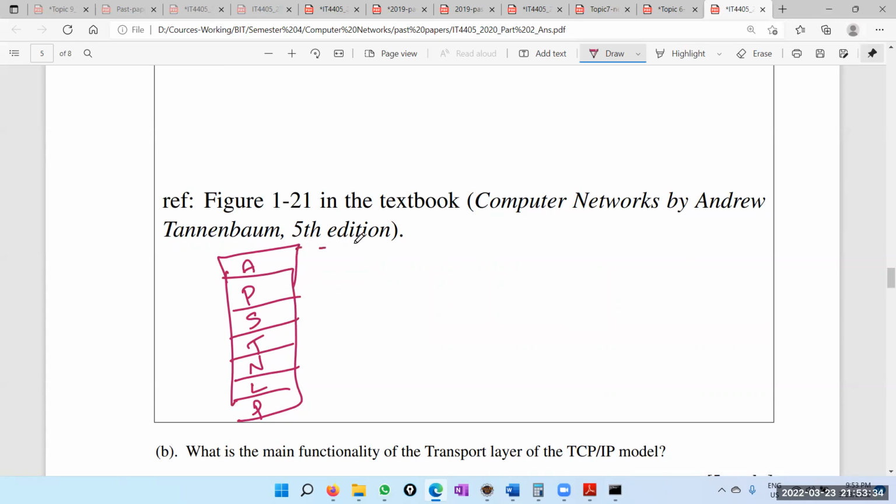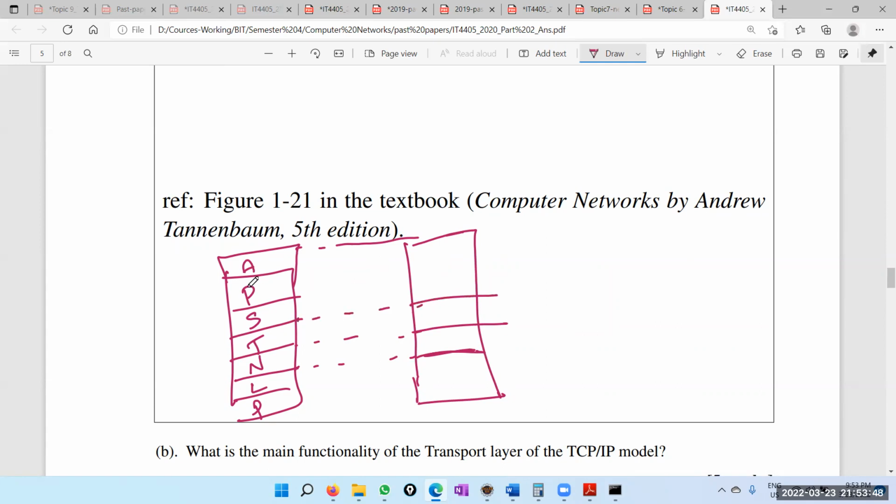But when it comes to the TCP/IP model or the internet model, these 2 are represented by 1. Network is there. Transport is there. These 3, session, presentation, and application, are represented by application. This is physical.